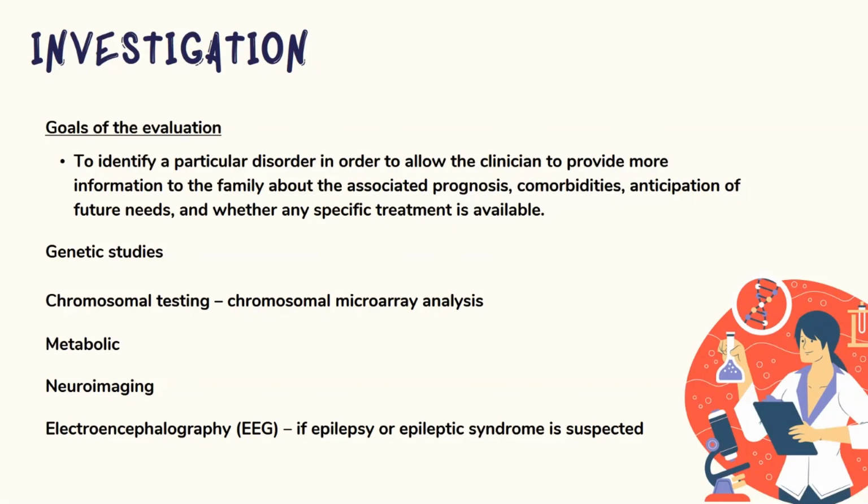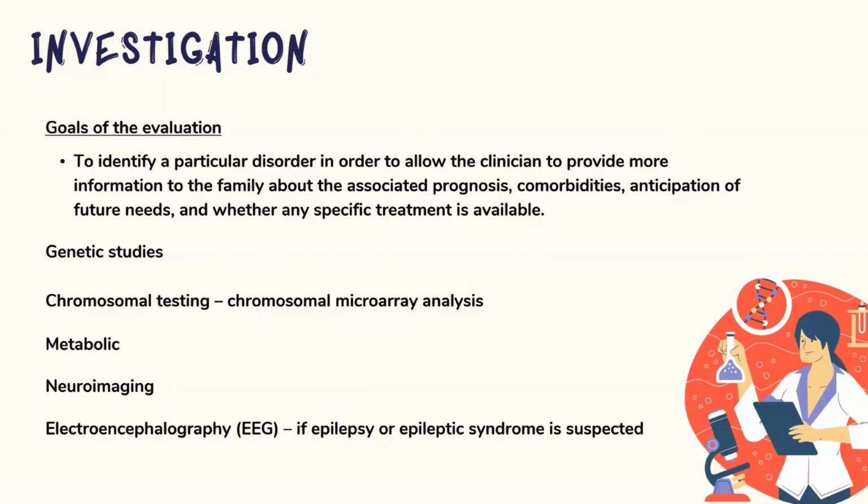So with genetic studies, we can identify chromosomal abnormalities, single gene disorders, and mitochondrial disorders. For chromosomal testing, we can use chromosomal microarray analysis. That's the most common test we use to identify the causes.